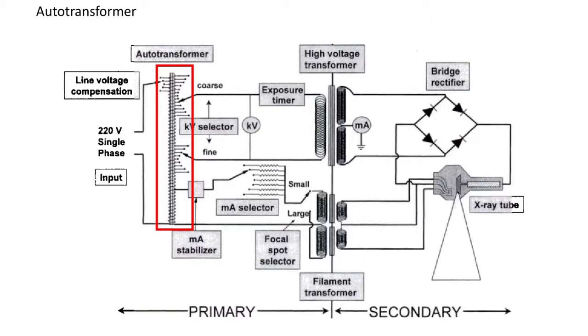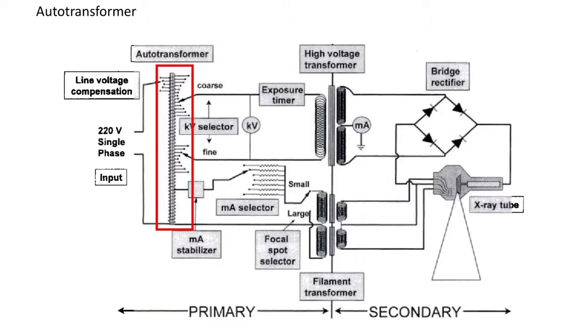So although our power company might promise to supply us 220 volts, sometimes it might be supplying us slightly more than 220 volts and sometimes slightly less than 220 volts, but on average it will be 220 volts. But our machine was designed to operate at exactly 220 volts.